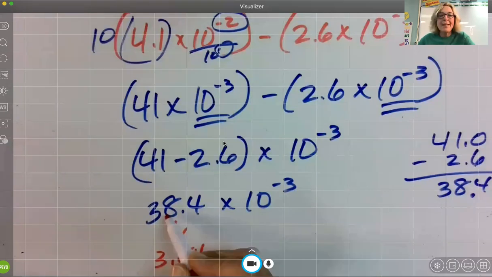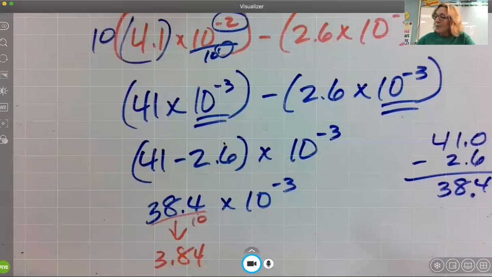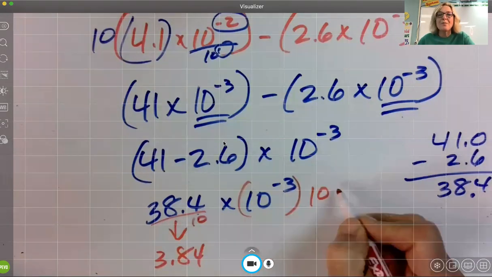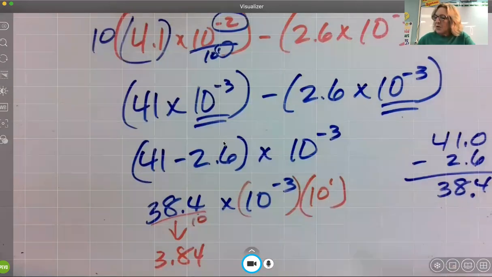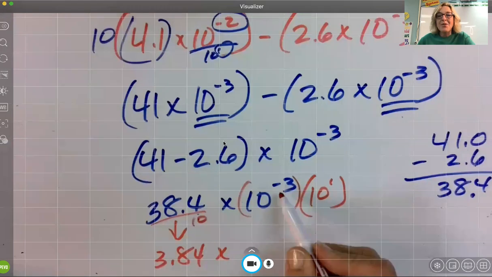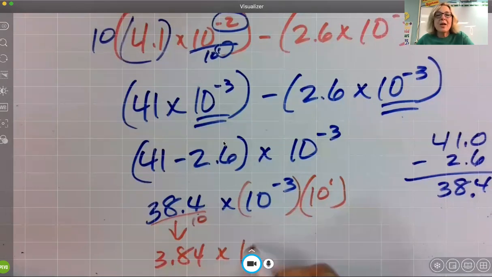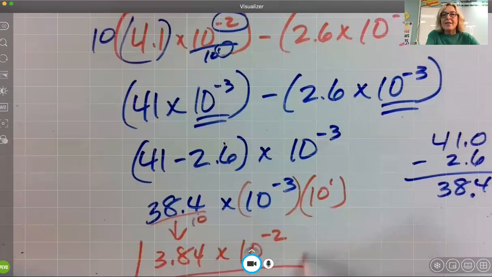We had to divide it by 10 because we're shifting the digits to a lesser place, which means we have to multiply the other factor by 10 to the first power. So now when you're multiplying powers that have the same base, you add the exponents, that would be 10 to the negative second power. Now we have a subtraction answer that is written in scientific notation.